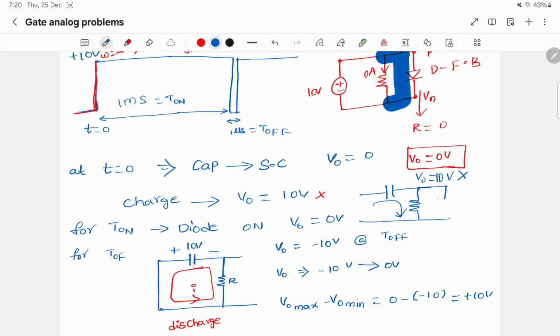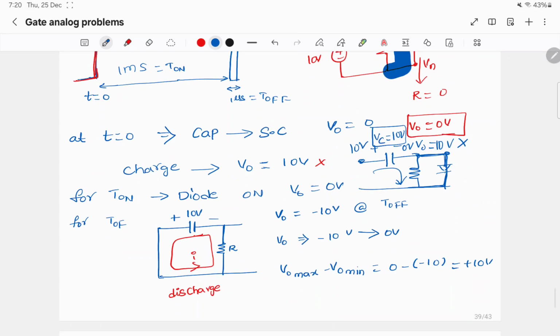This is wrong because we have a diode here. Since the diode is there, it will offer a low resistance path if this node potential is greater than 0, so it will become a short circuit and 10 volts will be here and this will become 0 volts. So the voltage across the capacitor is 10 volts. So in the positive half cycle, V0 will be 0. For t on, the diode is on and V0 will be 0.